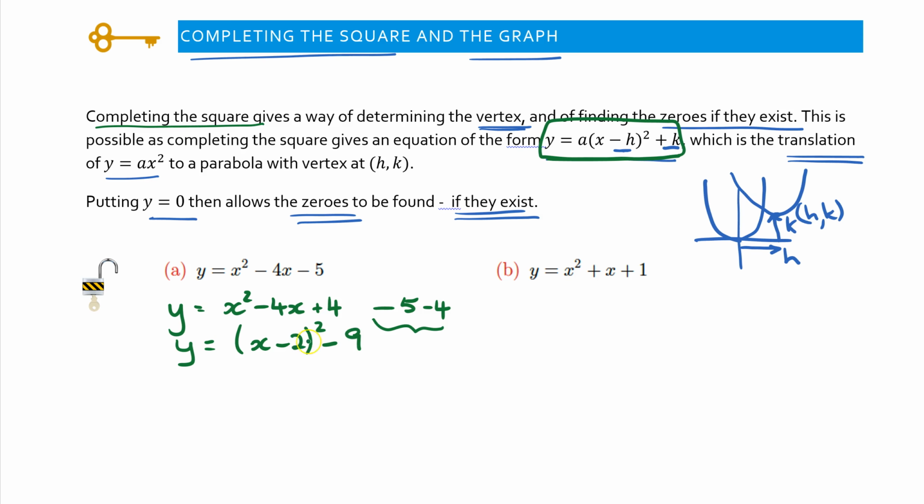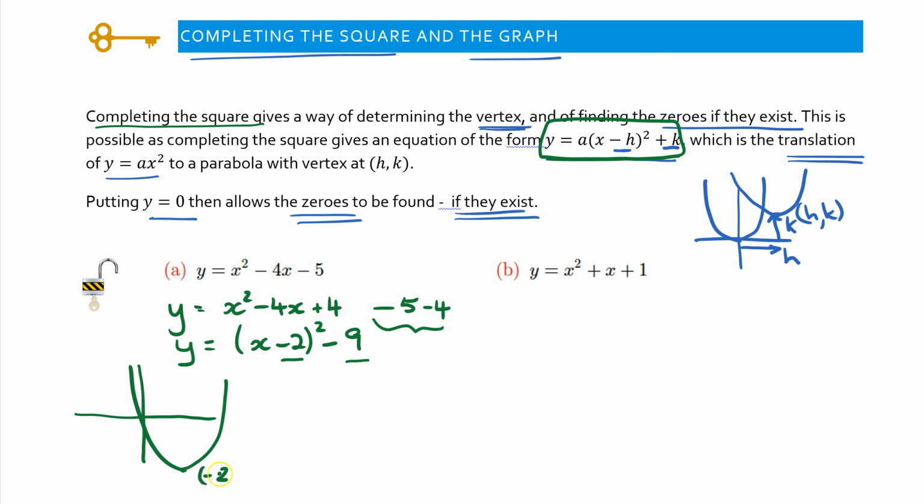And what that tells me is that the vertex of this parabola is no longer 0, 0, but it's actually 2, minus 9. So my parabola has its vertex across 2, down 9, so it goes something like that.